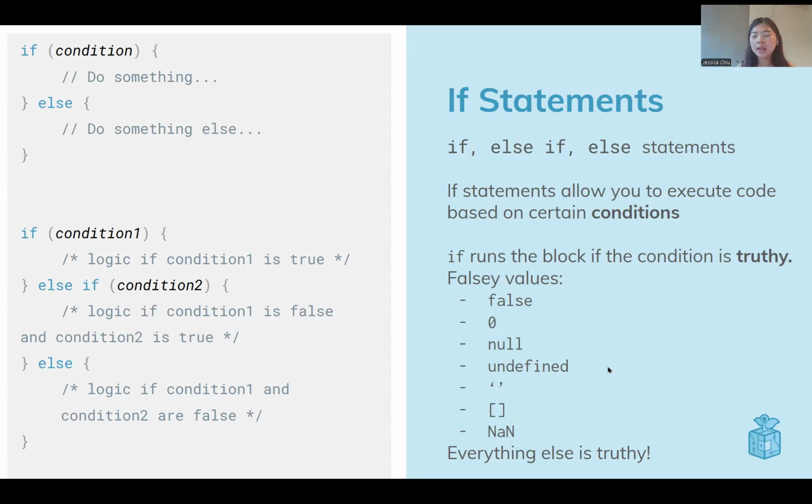That means that anything else is true. So if this condition results in any of these false values here, then we don't enter that statement. Once we find a true value, we enter that statement and we ignore the rest. Okay?